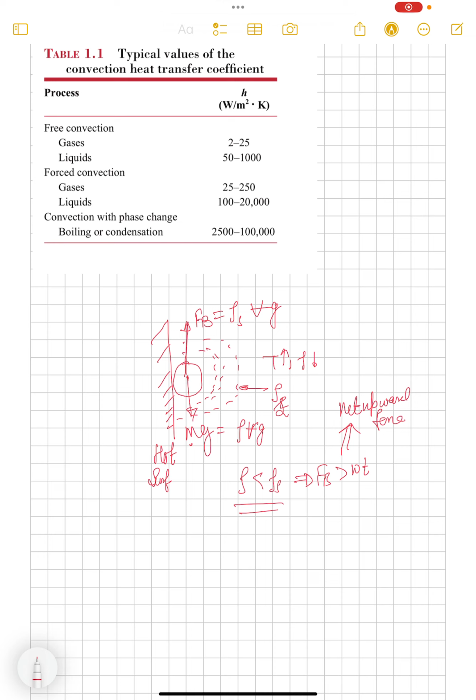Then this particle goes like this, again gets cool, and comes down, and when it moves above, a void is created, and the void is filled by the cold fluid, and again this current keeps on moving. Since the fluid is moved only by itself, by the hot surface, with no external force like a fan or pump, it is called natural convection.